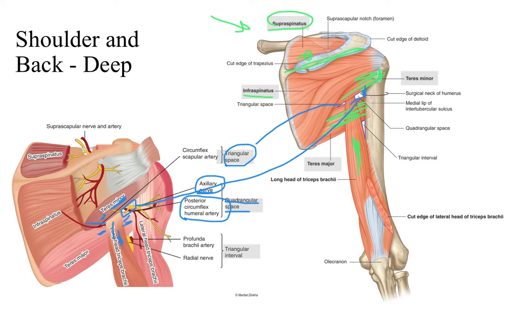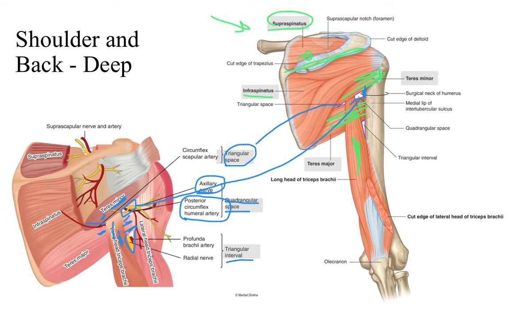All right, and then the final spot you need to know is the triangular interval. All right, and the triangular interval is down here. We'll draw it. And the boundaries are the long head of the triceps brachii, the lateral head of the triceps brachii, and the teres major.